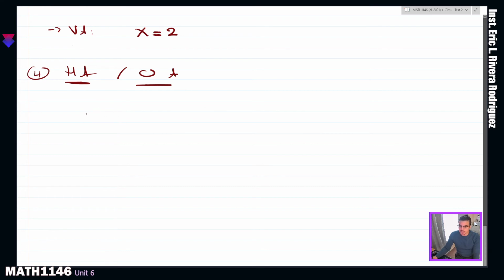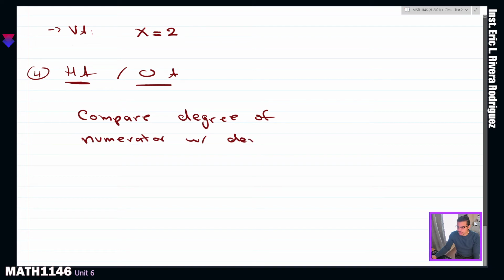Okay, so you are going to compare degree of numerator with degree of denominator. Numerator, denominator. All right. So this is what we are going to do. We are going to compare the degrees of the numerator and the denominator.